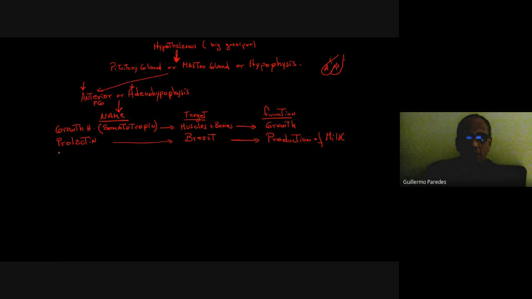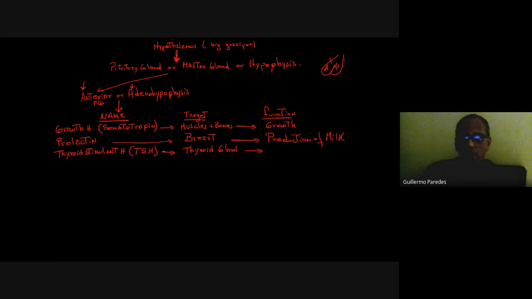Then we have the thyroid stimulant hormone. We call it the TSH. Who produces the TSH? The anterior pituitary gland or adenohypophysis. What is the target organ? The target organ will be the thyroid gland. So please, don't get confused.